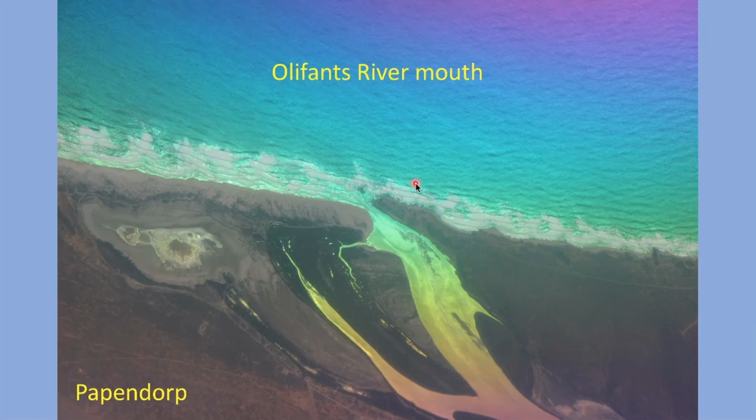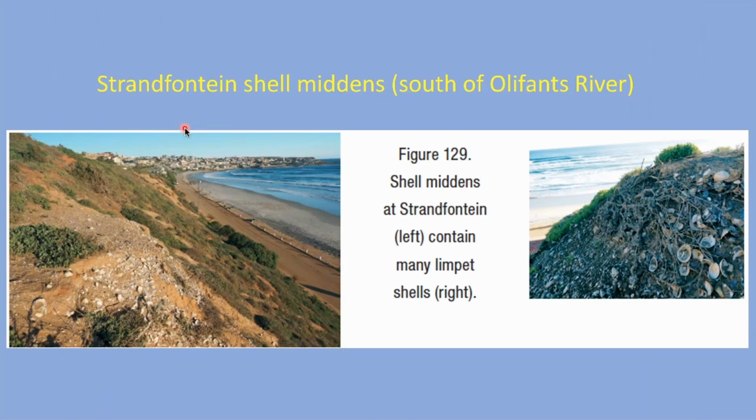Now, if you go to the south of here, you get to Strandfontein. And this is a picture here of the Strandfontein little village. You can camp there. There's campsites all along this area here, right on the beach. It's a lovely spot. And popular in the past, because if you go up on these bluffs, you'll find very rich shell middens.